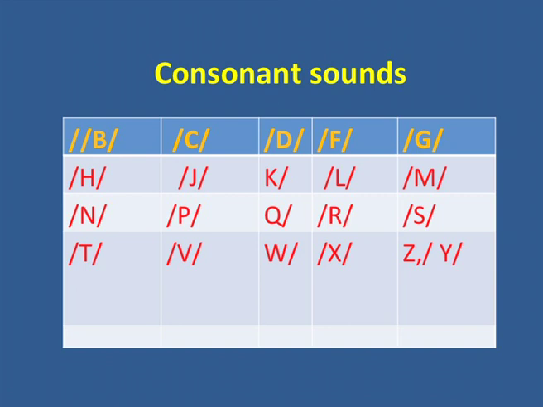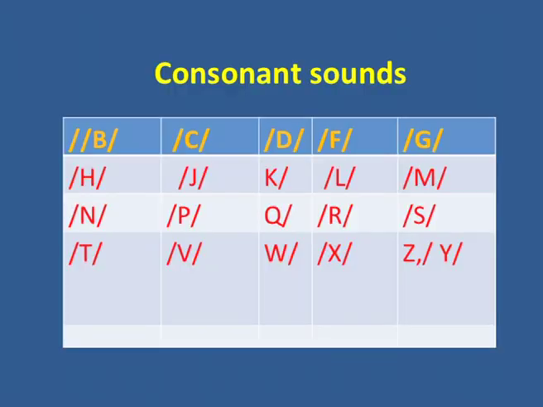Then M. When you are pronouncing M, both the lips are pressed, the upper lip and the bottom lip. Then N, pa, qui, r, the R sound. The tongue is rolled inside. Then S. S also has 3 different sounds like s, sh and z.